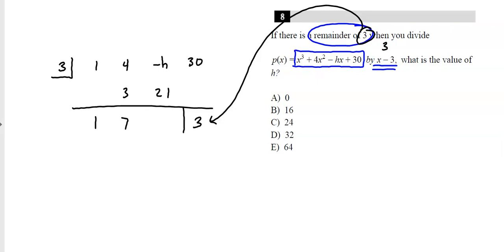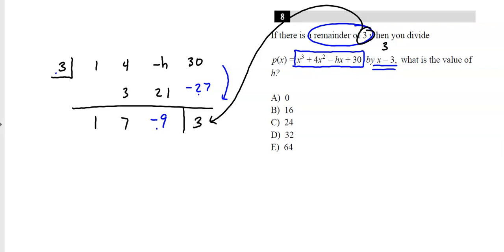And then when I add those two numbers up, right now I'm kind of stuck, but wait a minute. I can think over here: 30 plus what will give me a 3? I think that needs to be a negative 27. So somehow I did 3 times this number to get negative 27 there. So this must have been a negative 9.